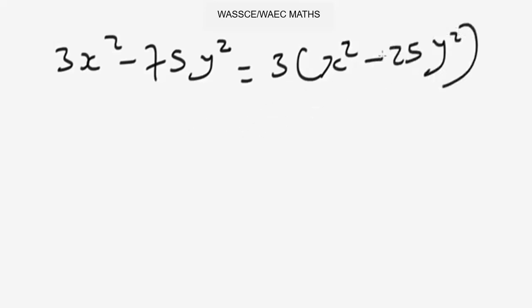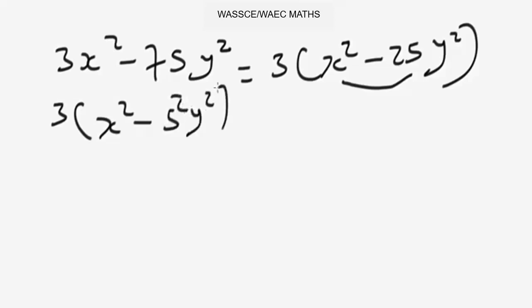Now if you check this, you will notice that we are going to apply the difference of two squares technique here. So this is the same thing as 3 in bracket x squared minus 5 squared y squared, which is the same thing as 3 in brackets x plus 5y.